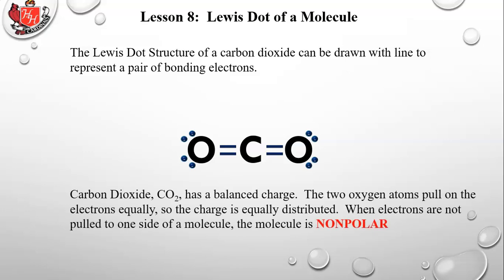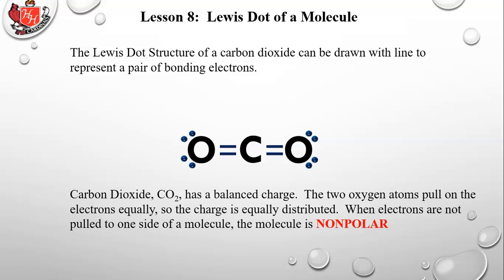Carbon dioxide, CO2, has a balanced charge. The 2 oxygen atoms pull on the electrons equally, so the charge is equally distributed. So unlike a water molecule, which was kind of lopsided, with the hydrogens over on one side, carbon dioxide is balanced, it's symmetrical. When electrons are not pulled to one side, the molecule is said to be nonpolar.